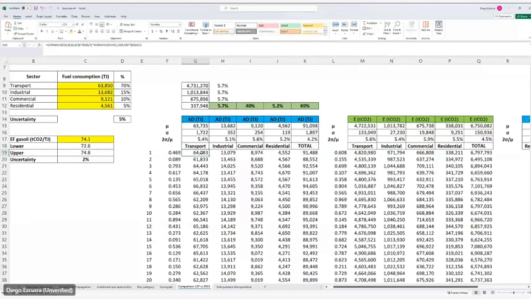But what I just did was assign this cell. I tell this cell that this is not a number, that this is a normal distribution. I don't know if you can see here, I've included that this is a normal distribution.